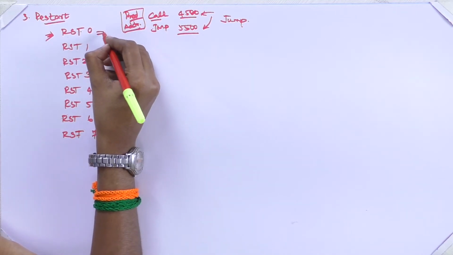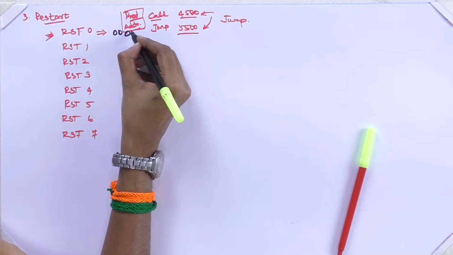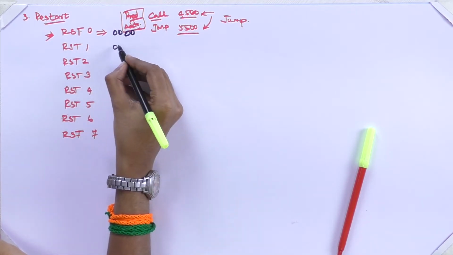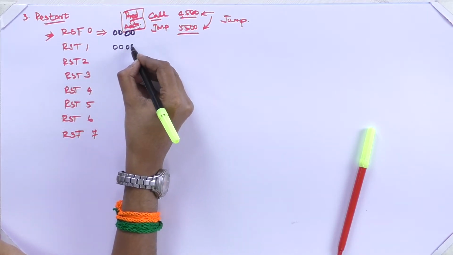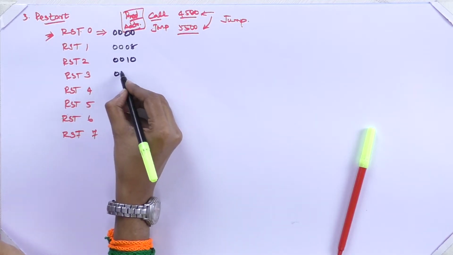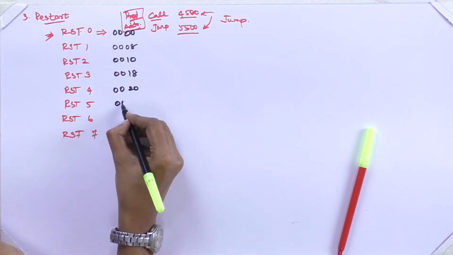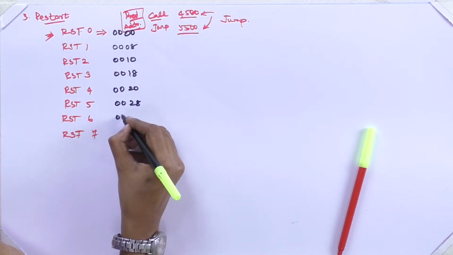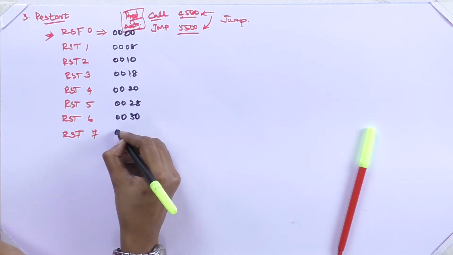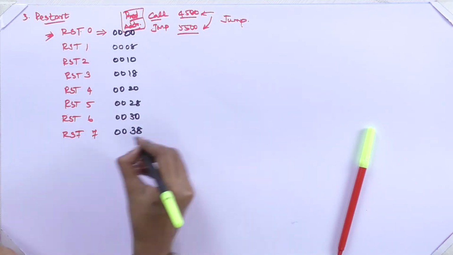For RST0, the predefined address is 0000. For RST1 it is 0008. For RST2 it is 0010. RST3 is 0018, RST4 is 0020, RST5 is 0028, RST6 is 0030, and RST7 is 0038. These addresses are predefined.